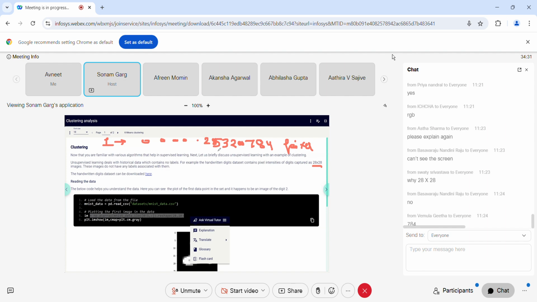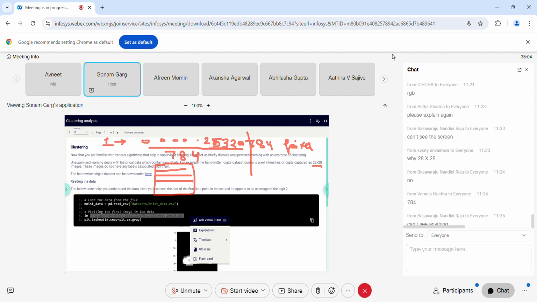So this pixel change will be there. Now these 784 columns we have to convert to a 28 cross 28 matrix to get this image. So the first 28 use here, the next 28 use here, the third set of 28 use here. Finally it will become a 28 cross 28 matrix.